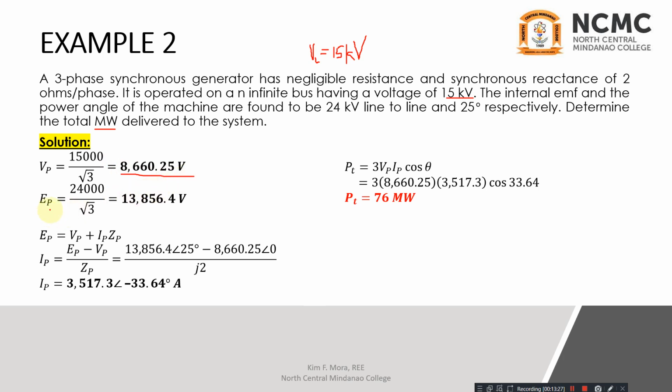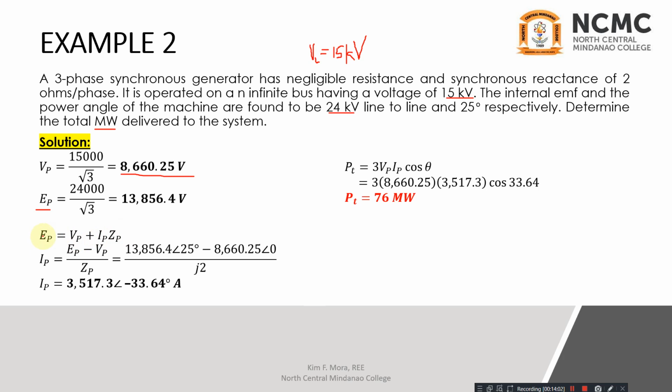Then to solve for our EP, the internal EMF, equal to 24 kilovolts, again line to line, so to convert it into per phase, you divide it by square root of 3. So 24,000 divided by square root of 3 is 13,856.4 volts.